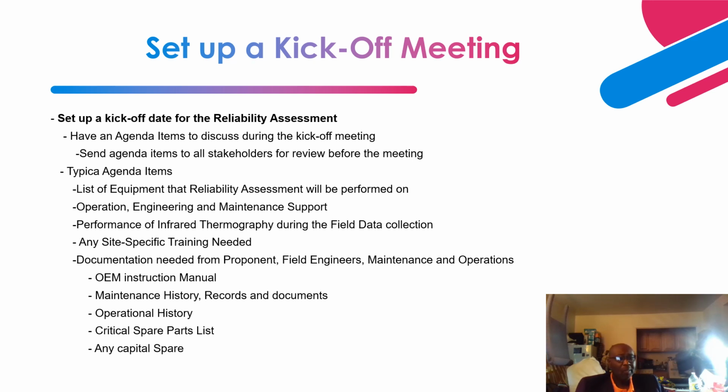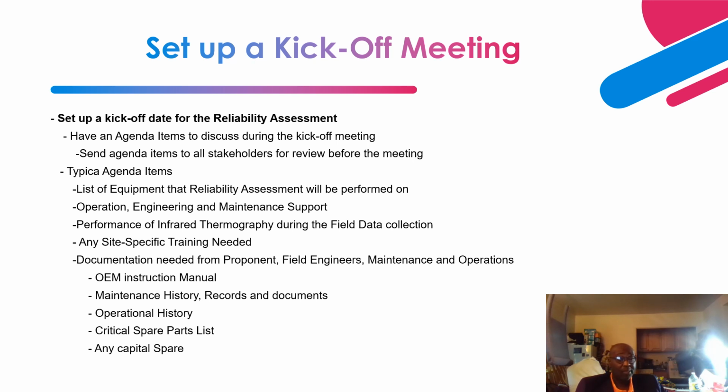engineer. And typical agenda items are that you come up with a list of equipment that reliability assessment will be performed on. After you come up with that list, you have to show them the need, why reliability assessment needs to be performed on this equipment. So you need to show them the list that was given to you from your reliability department or your asset management department, and provide them with the necessary data that supports it.